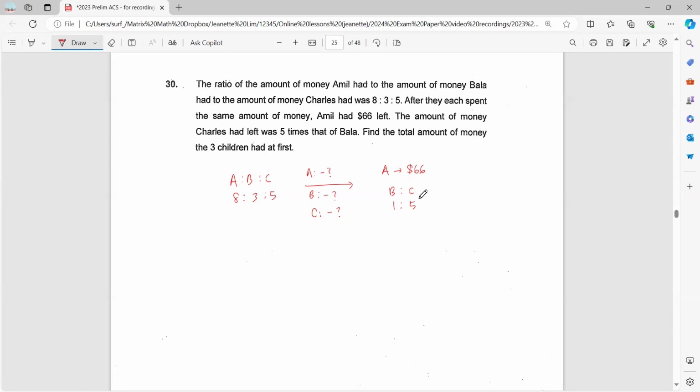We can't compare A because I don't have the ratio for A here, but let's compare B and C. The difference between B and C is 2 here and 4 after. Make it the same, because they are the same, that's the common base. So change it to 4, so everything in it times 2.